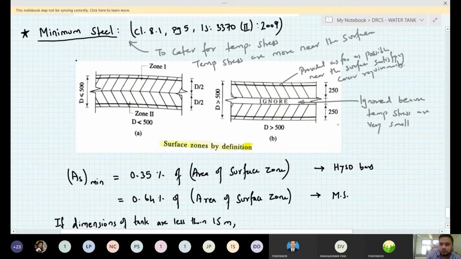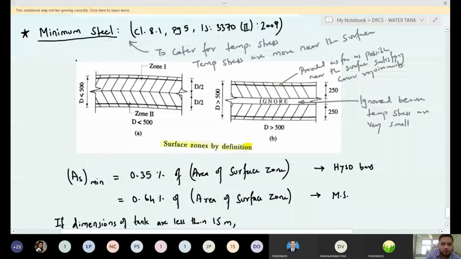Okay, so we have to ensure that whatever reinforcement we have provided for resisting the force is sufficient to carry this temperature steel. Otherwise we have to provide this minimum temperature steel. Okay, now here this is for the slab.